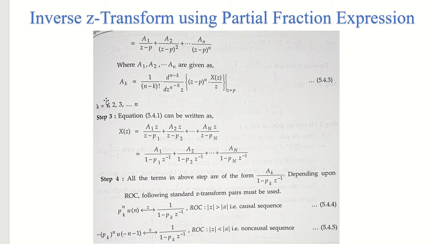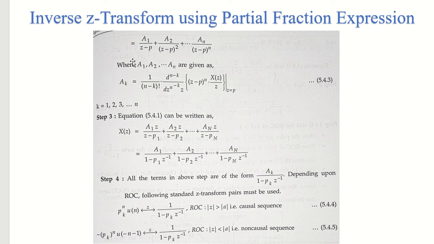At that time the value of ak will be this, and here again k is moving from 1 up to n. Now again this value of ak will be this value whenever z is equal to p, right?